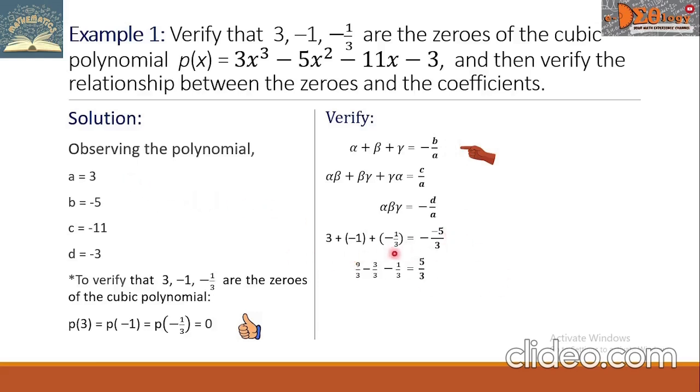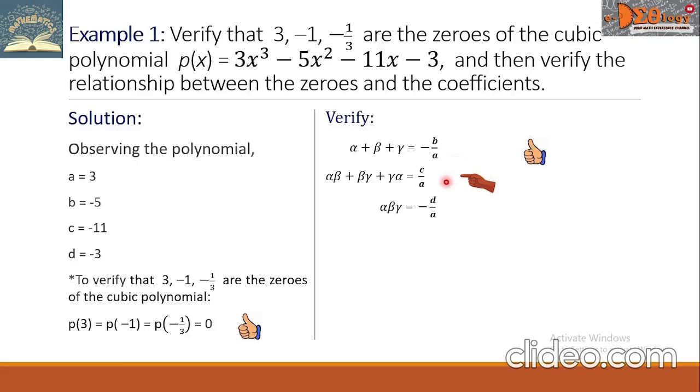On the left side, we can show that the integers can be a fraction. The 3 becomes 9 over 3, the negative 1 becomes 3 over 3, and we have this negative 1/3 again. The right side is simplified into positive 5 over 3. Simplifying the left side, it is now equal to 5 over 3, equal to the right side with the same value 5 over 3. Therefore, the first relationship is verified.